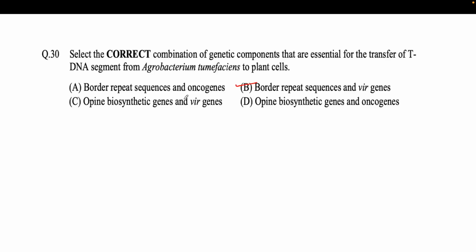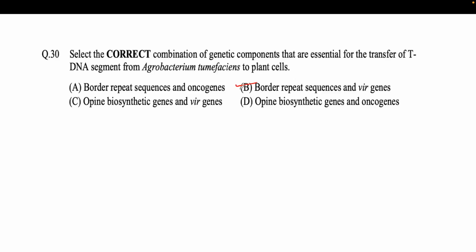And these opine genes and oncogenes are part of the tDNA. It is present in the tDNA. Means to transfer this opine gene and oncogene, you require this border repeat sequence as well as the VIR genes.